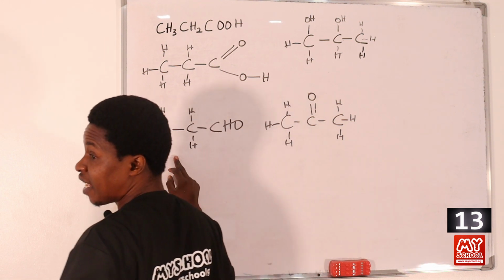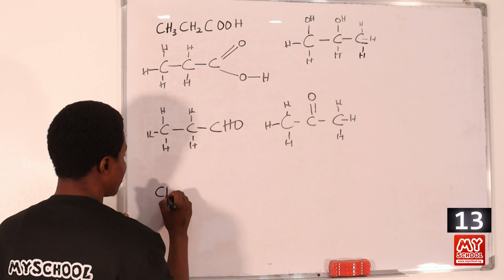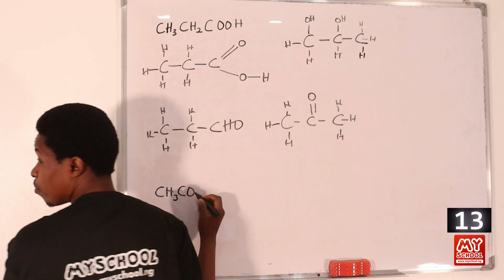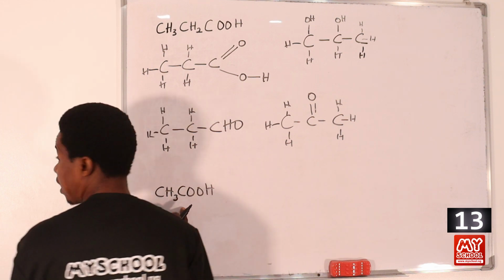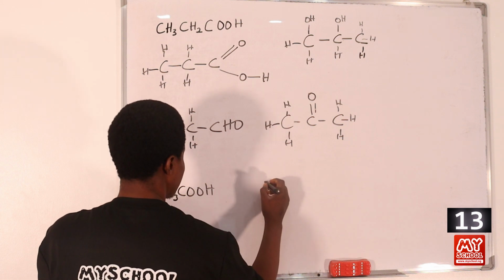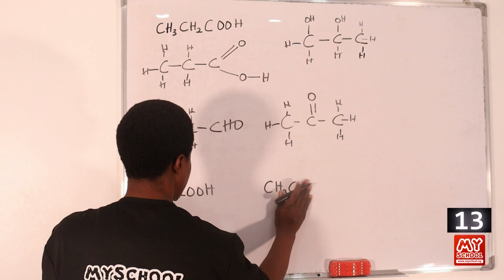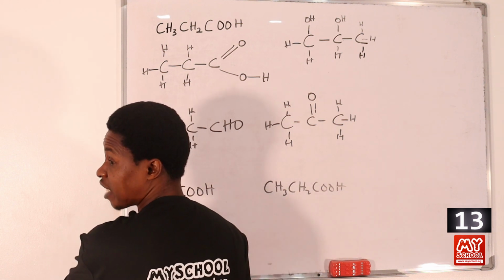Then ethanoic acid and propanoic acid. Ethanoic acid, we have CH3, let's just write this, CH3COOH, okay, that's ethanoic acid. Then propanoic acid, we have CH3CH2COOH, okay, that's propanoic acid.